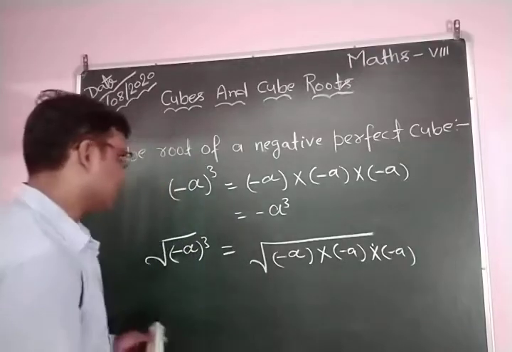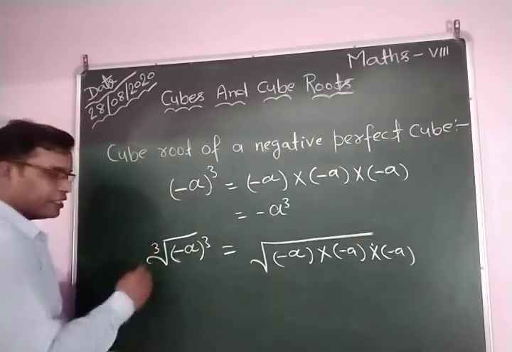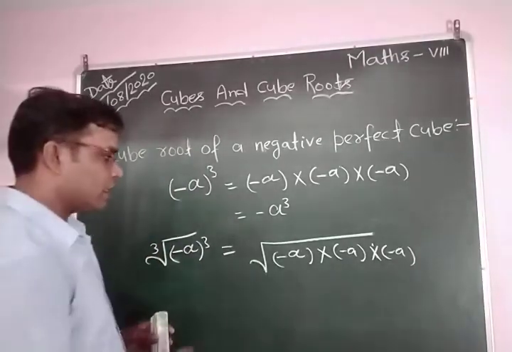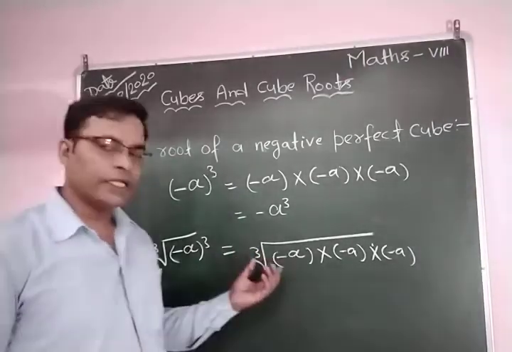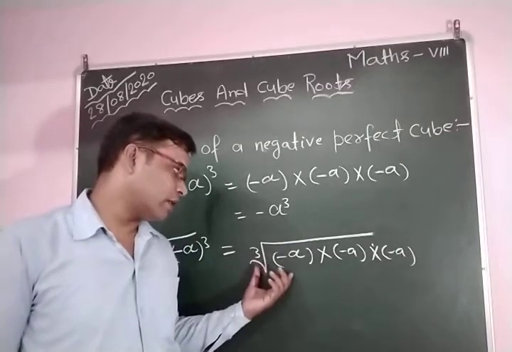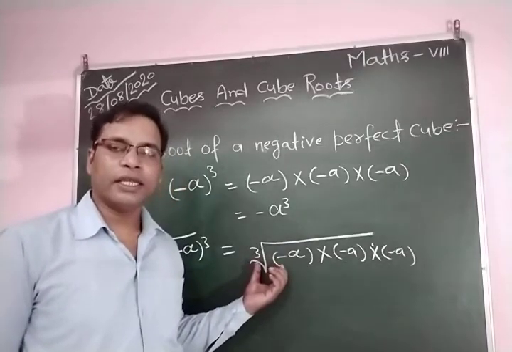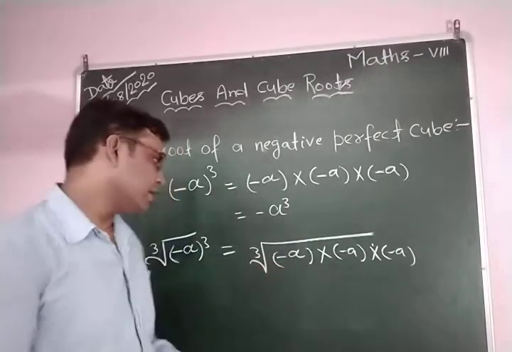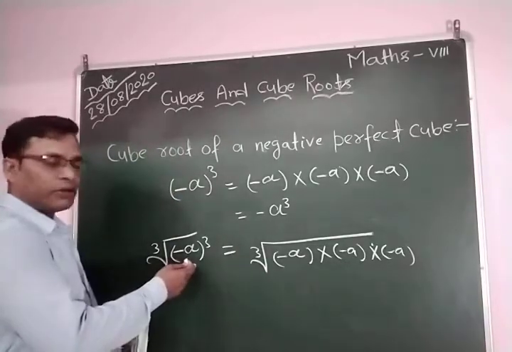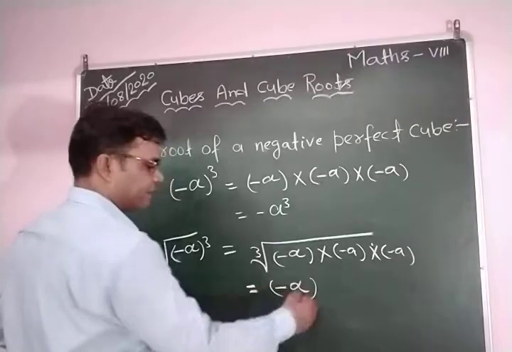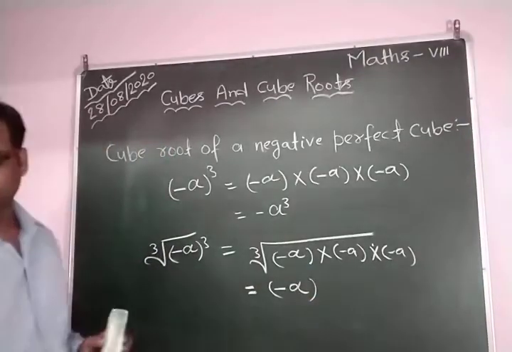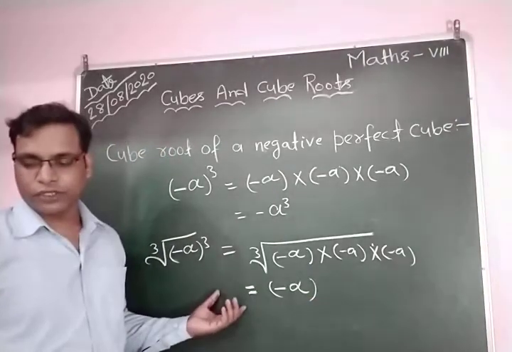With power 3 it becomes a cube, and with power 1/3 it becomes the cube root. So the cube root of (minus a) to the power 3 is equal to minus a. Okay students, I hope all of you understood.